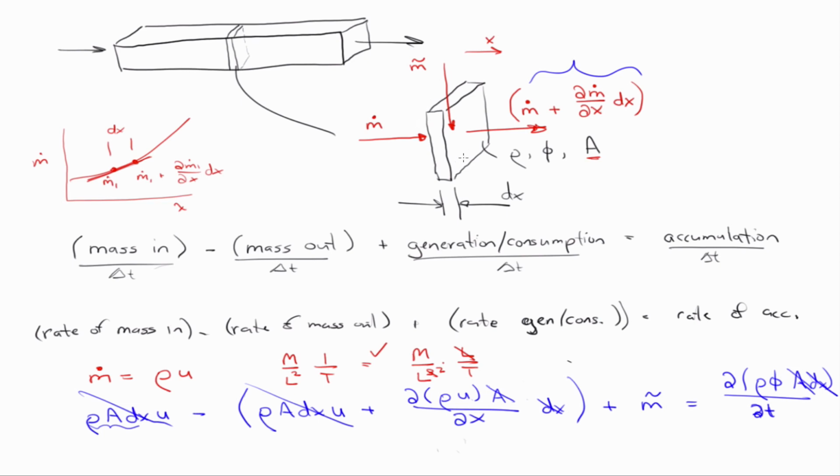The cross-sectional area doesn't change. We're just making that assumption here. That would not be true in general, but we're assuming it doesn't change here. And so then we're left, after we distribute this negative sign, with this equation.